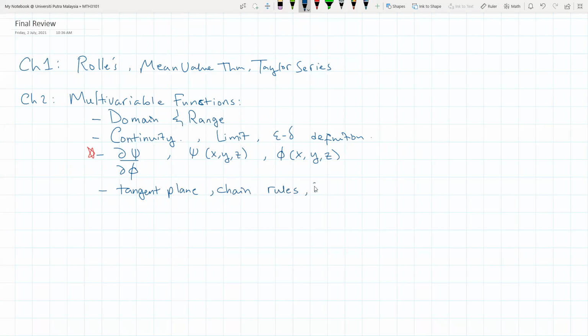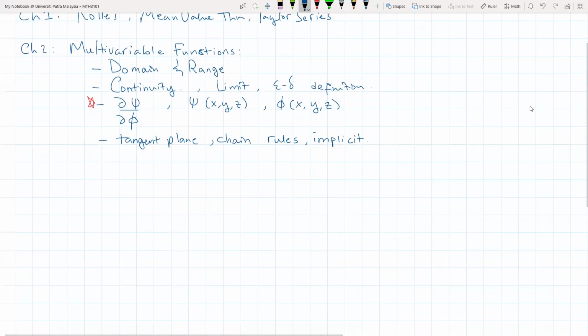And you also have implicit function. So which means that chain rule, how do you find the derivative for multivariables?